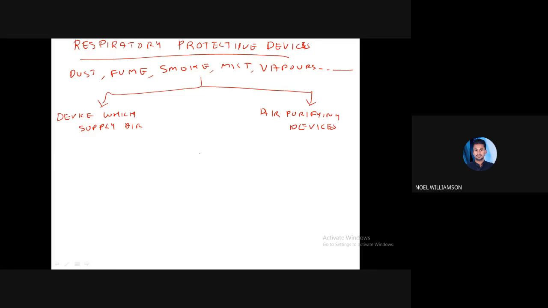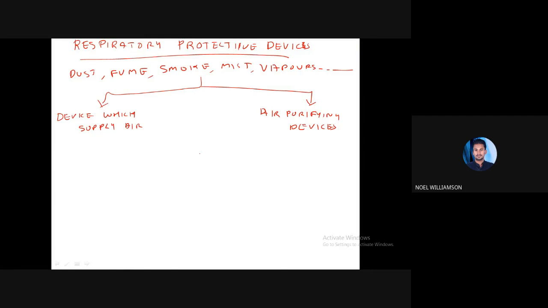Suppose a person is going underneath the sea, or working in submarines. There, we see there will be certain devices through which the air is supplied to wherever required, or conditioned air is supplied.